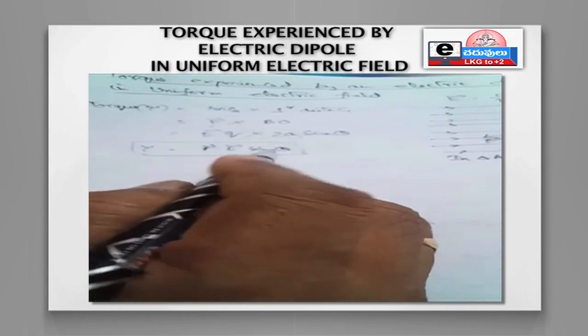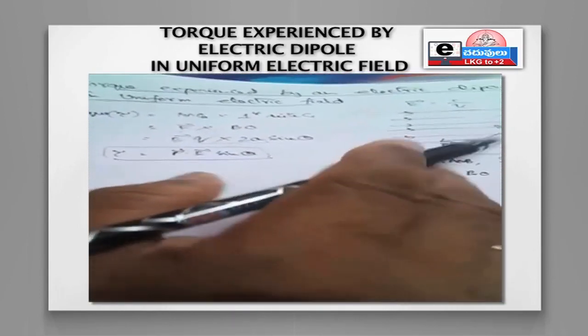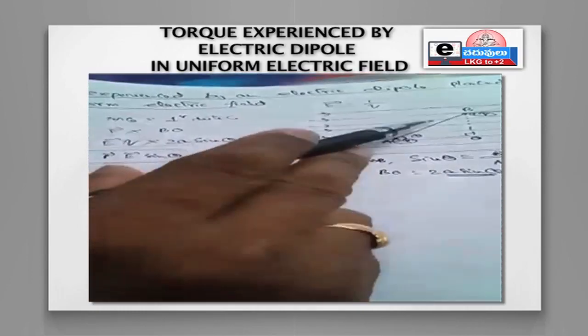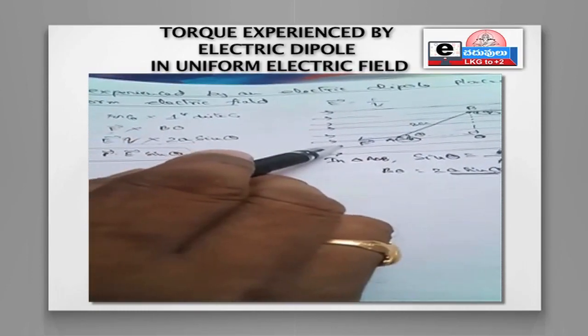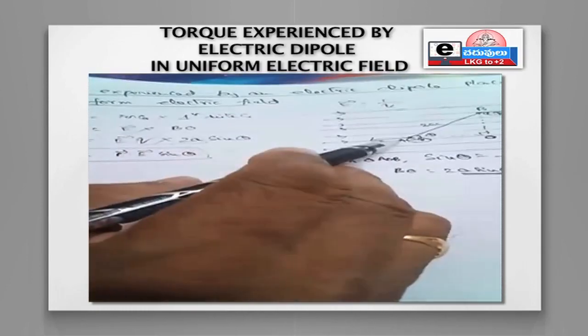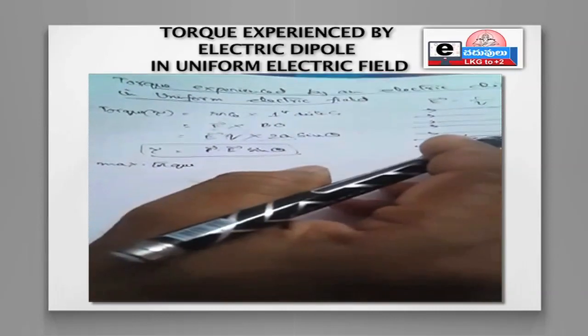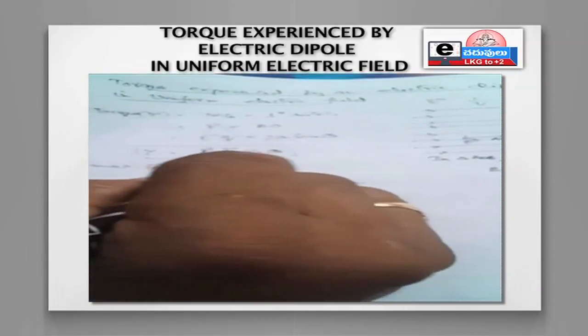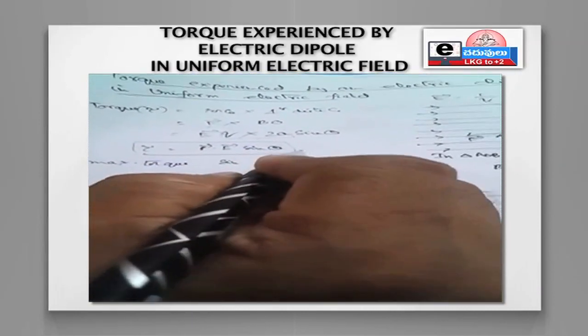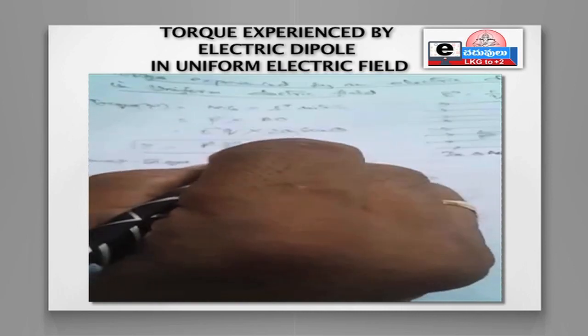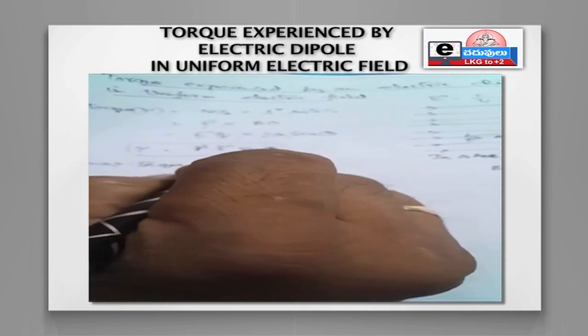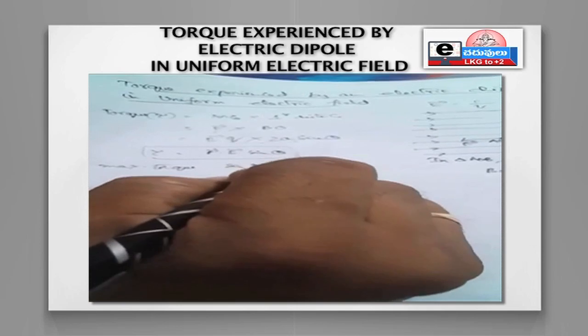Now, theta is the angle made by the orientation of the dipole with respect to the field. If I want to have maximum torque, the angle should be 90 degrees, because among sine values, sine 90 is the highest. Sine 90, everybody knows, is 1.